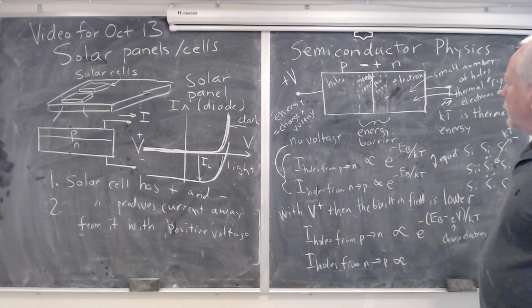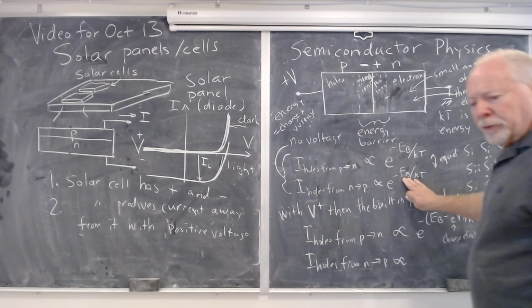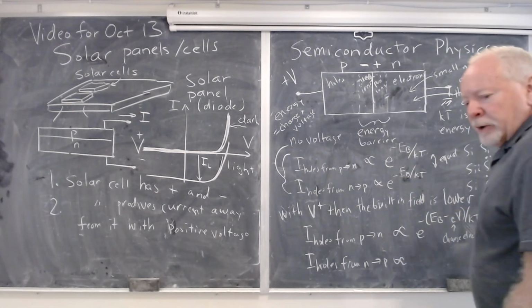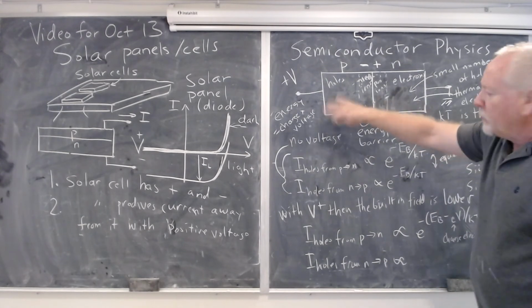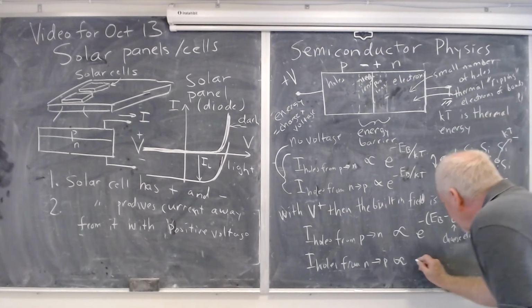And the answer is no. It hasn't changed at all, because that quote-unquote barrier to them happening was occurring at the bond level. Those bonds don't care what's happening with the voltage way over here. They only know it takes a certain amount of energy to rip that electron off of that bond. And so that stayed the same.